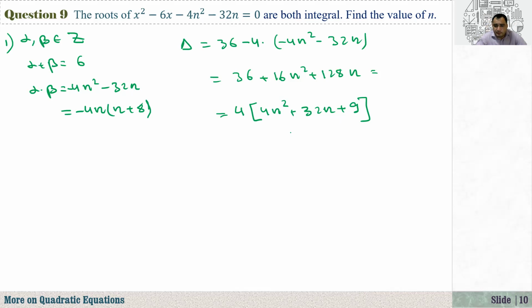So this part, what can we do here? 4 and 2n plus... 2 times 4 is 8, 8 squared is 64. 64 minus 9 is 55.